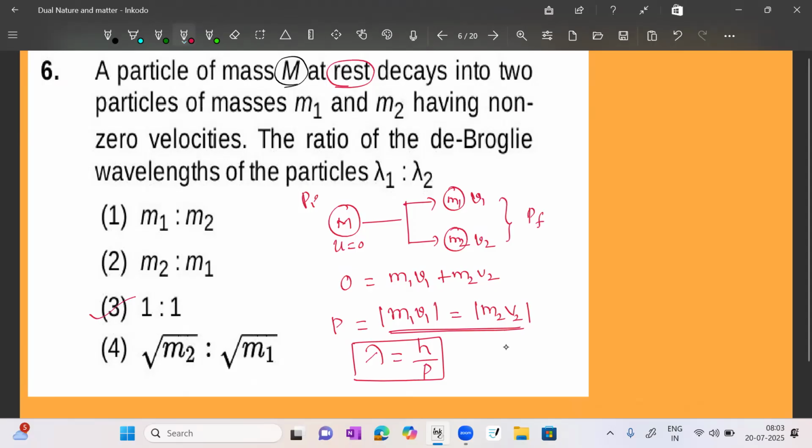So momentum is conserved here. Okay. So initial momentum should be equal to final momentum, using the law of conservation of linear momentum. Okay. Right.